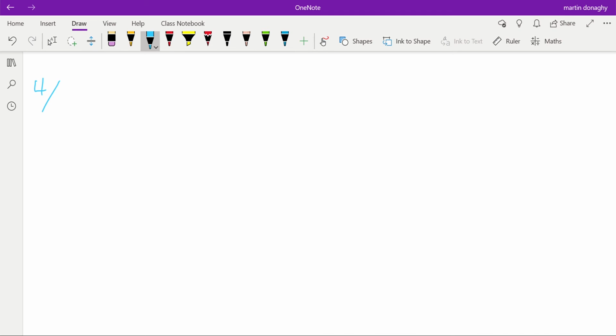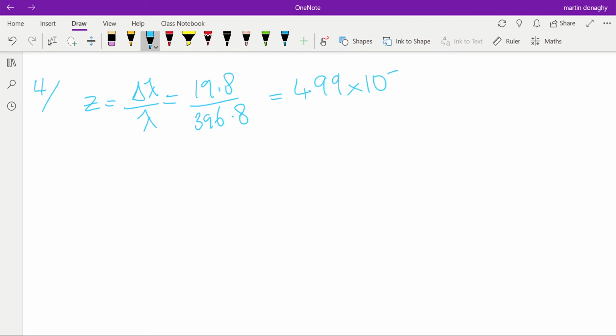So we're given all the data for the H line, so we'll start off with that and we'll work out our Z parameter, which is just the difference in those wavelengths over the wavelength, which is 19.8 over 396.8, which gives you 4.99 by 10 to the minus 2. No unit because we're dividing a wavelength by a wavelength there.